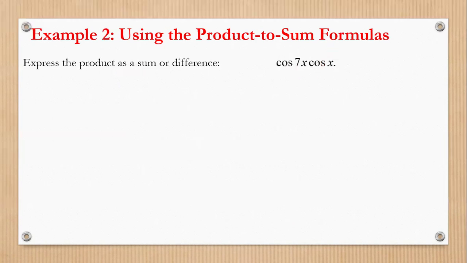Next example. We want to show this product as a sum or difference. This time we have a product of two cosines: the cosine of angle 7x, which is alpha, times the cosine of angle x, which is my beta. So this time we need to write the formula for cosine of alpha times cosine of beta.